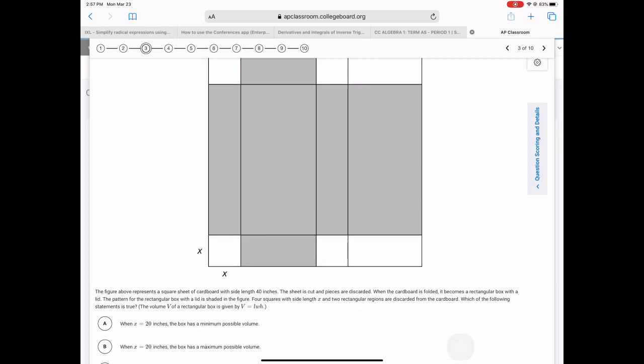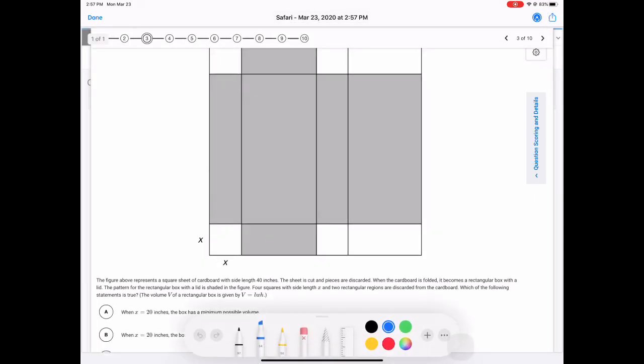To find the min and max, the volume equation is V equals length times width times height. Let's see if we can come up with a calculation of what this would be. We know again this is 40, so let's call this another letter.